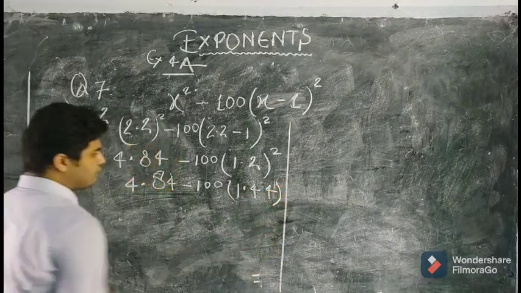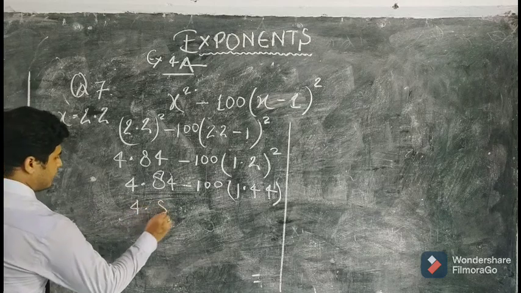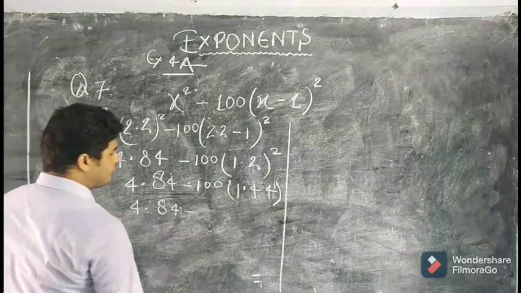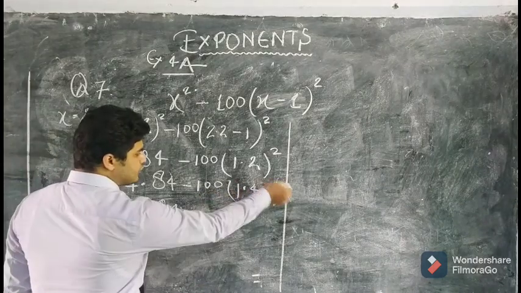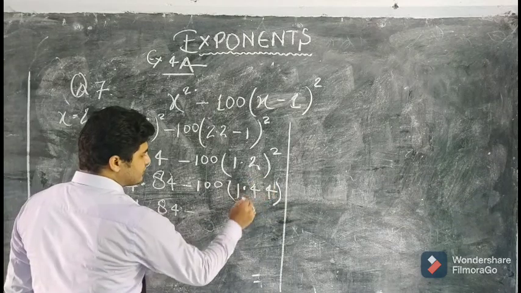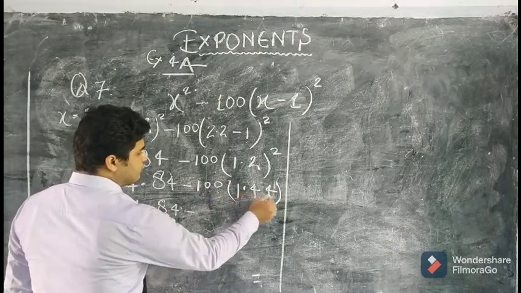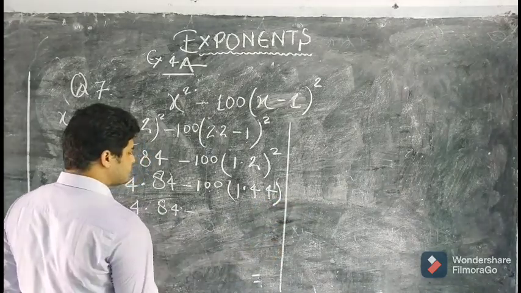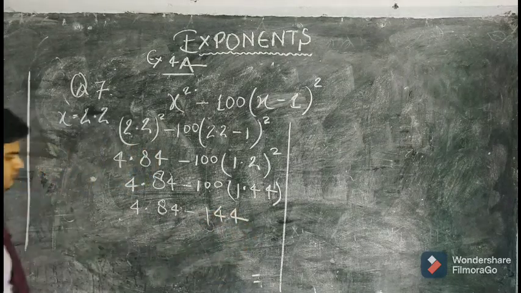So 1.44. So finally what you get? 4.84 minus 100 into 1.44 will shift the decimal from left hand side to right hand side. So two places it will jump, because two zeros are here. So it will become 144.0. So the point becomes meaningless, so we can write it simply 144.